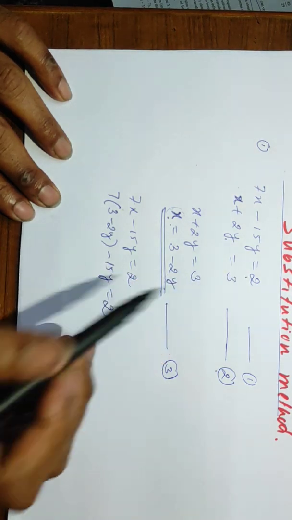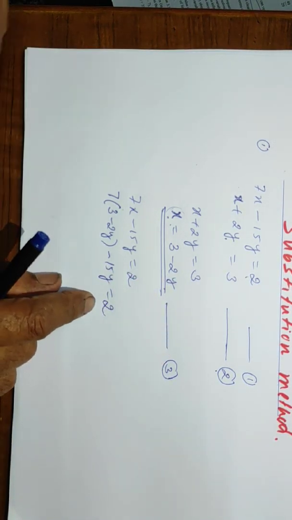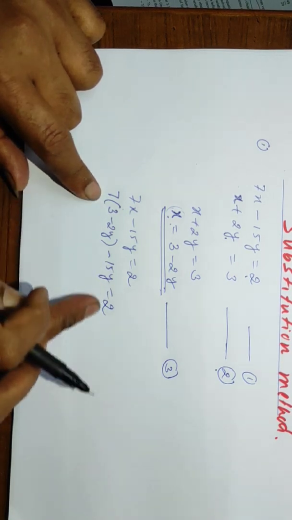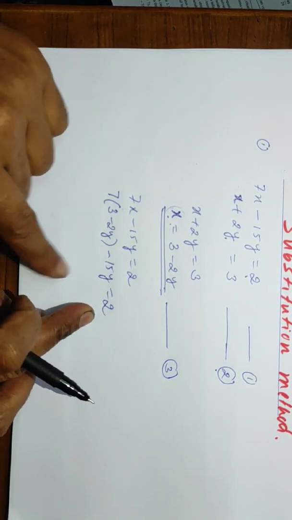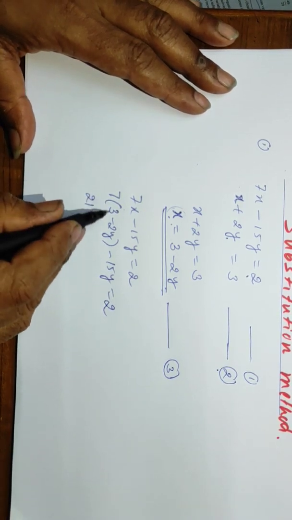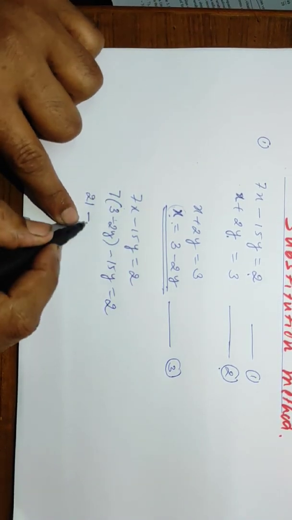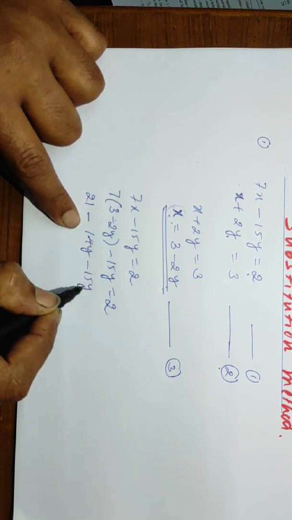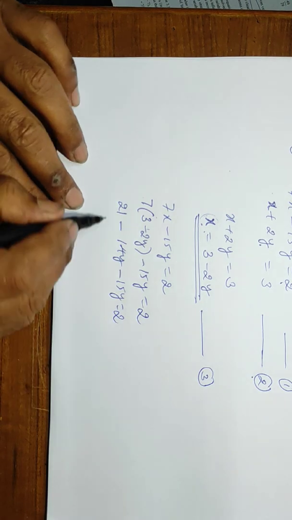Now the other equation has reduced to an equation in one variable, and this can be solved. That is 21, monomial into binomial, plus into minus is minus, 7 twos are 14y, minus 15y is equal to 2.